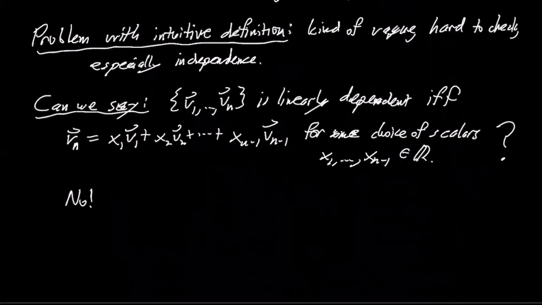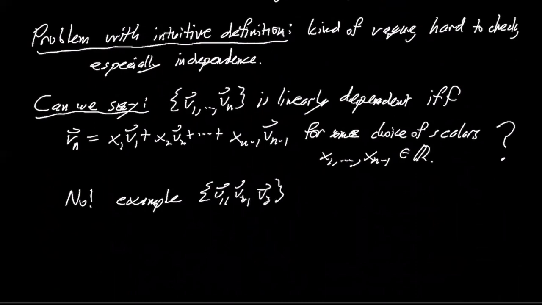So the example v1, v2, v3 above doesn't fit this, even though it's a linearly dependent set.